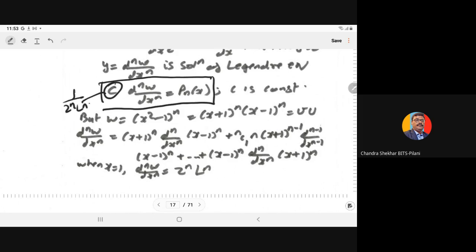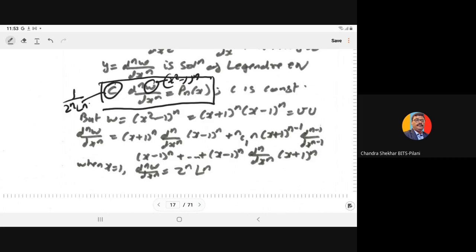So that is the Rodrigues formula, because w is (x square minus 1) power n. So Pn(x) is equal to 1 upon 2 to power n factorial n, nth derivative of (x square minus 1) power n. That will be the solution. So through this way we can also verify that the Rodrigues formula is the solution of the given equation.